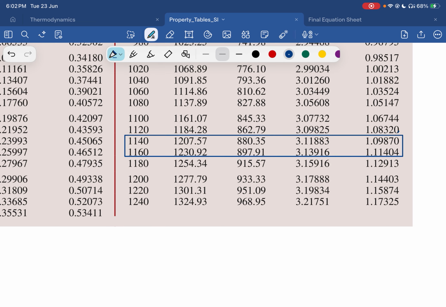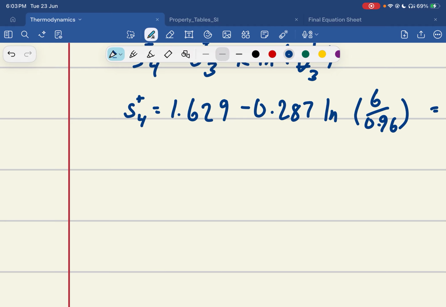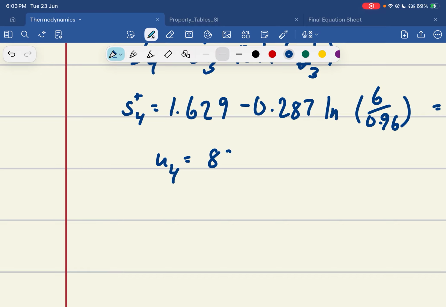So interpolating for the U value, you're going to get 7.91 minus 80.35 over, and you get U4 equals 885.314.